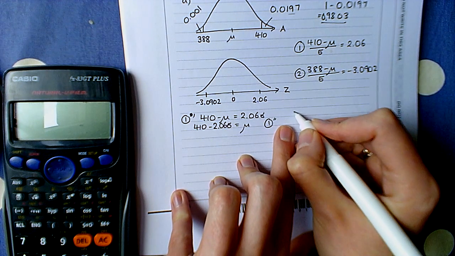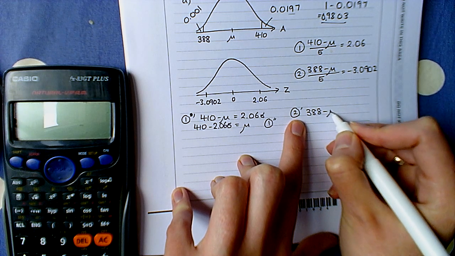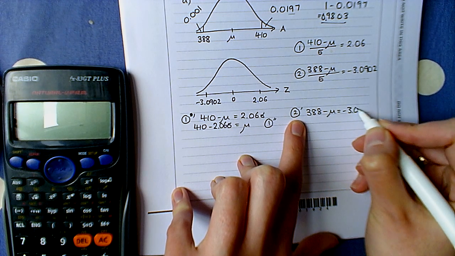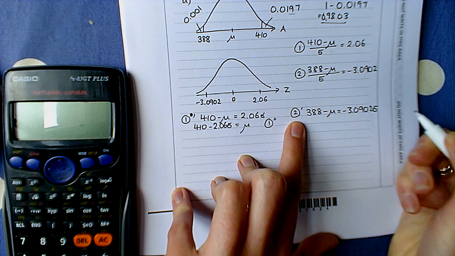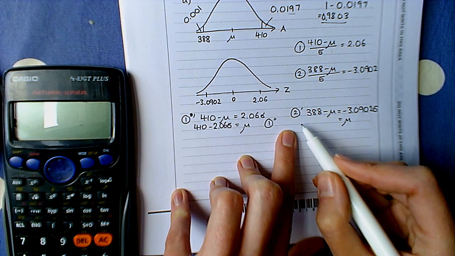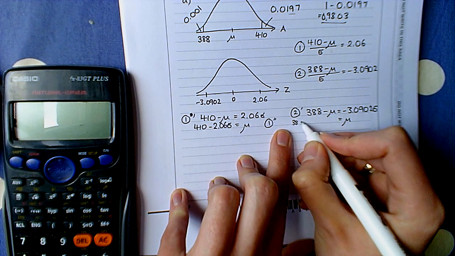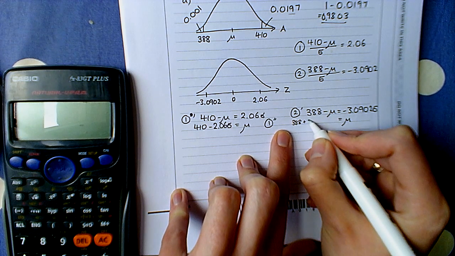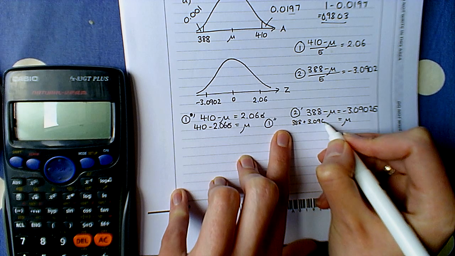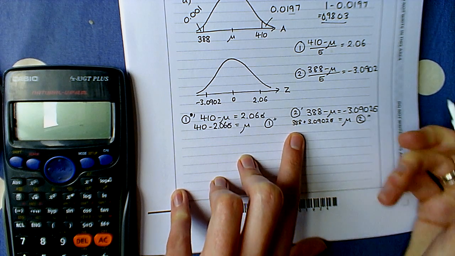And then if I take this equation 2 and I do some editing to it, multiplying by sigma will get me this, then bringing mu to the right and this over to the left. I haven't quite left enough room for it really, I'll have to write a bit small. 388 plus 3.0902 sigma will give mu, and let's call this 2 double dash.